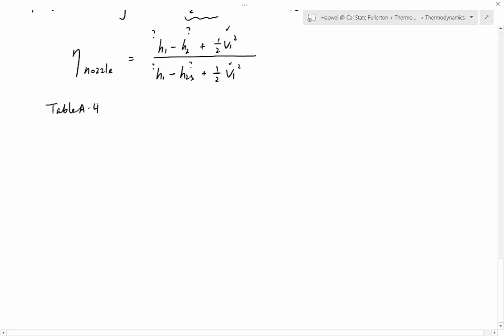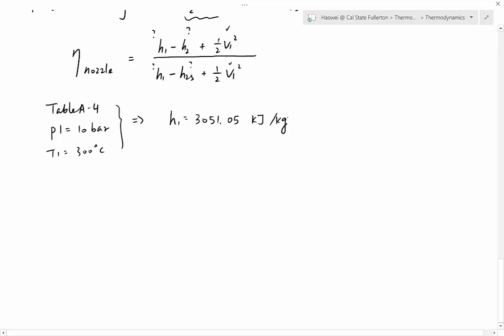The two inputs we have for number 1 are P1, 10 bar, and T1, 300 Celsius. And from the table, you can find H1 is equal to 3051.05 kilojoule per kilogram. This is how you find H1, very straightforward.